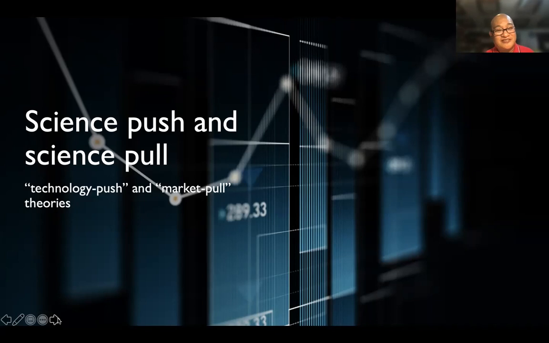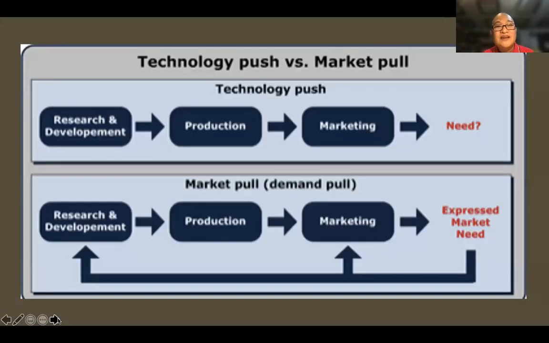What on earth is this? Okay, what is a technology push-driven economy and a market pull-driven economy with respect to the science and technology innovations that society would produce? In the technology push idea, you have research and development, which would result in production of new innovations, which would be marketed.